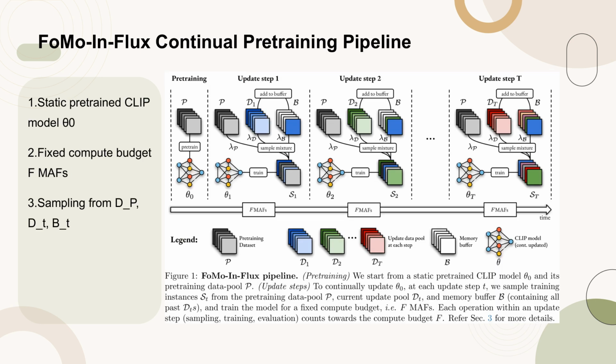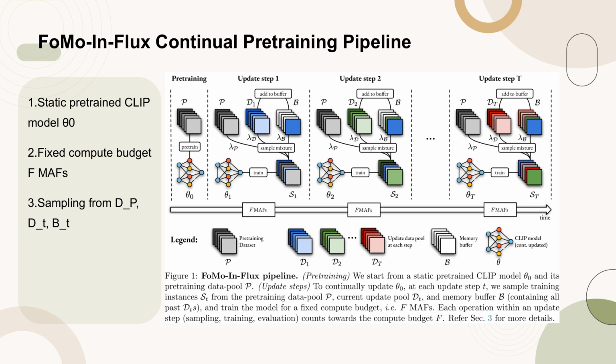Figure 1 illustrates the FOMO Influx pipeline for continual multimodal pre-training. Initially, a static pre-trained CLIP model θ0 is used along with its pre-training data pool d_p. During each update step t, the model samples training instances from the pre-training data pool d_p, the current update pool d_t, and the memory buffer b_t.